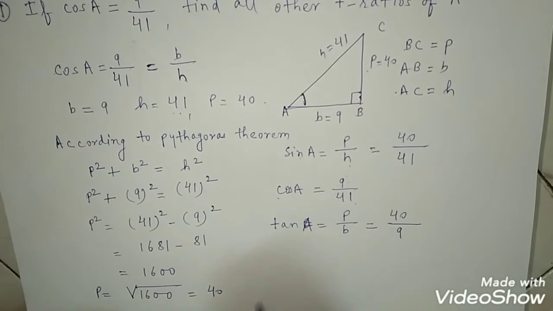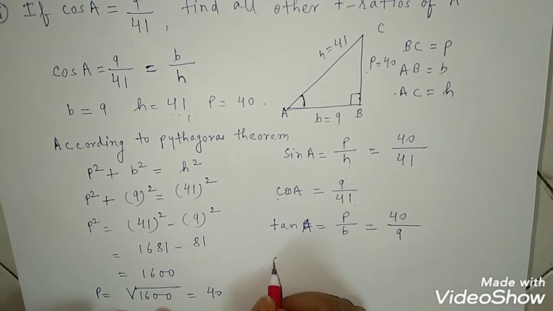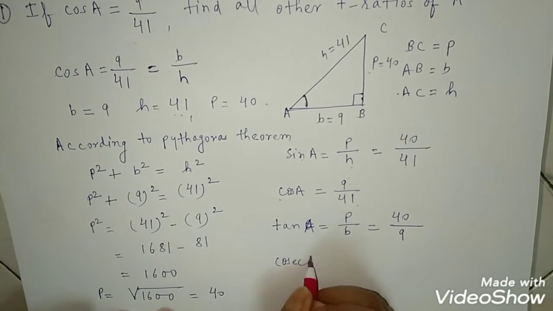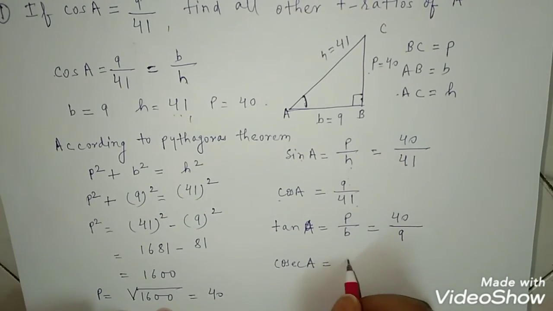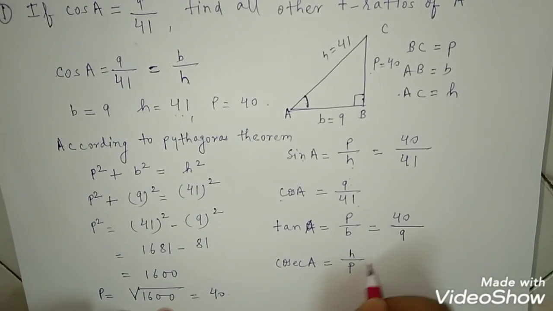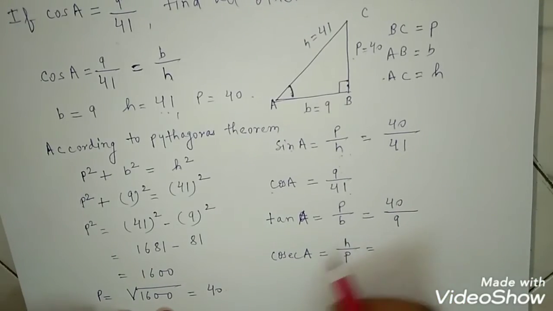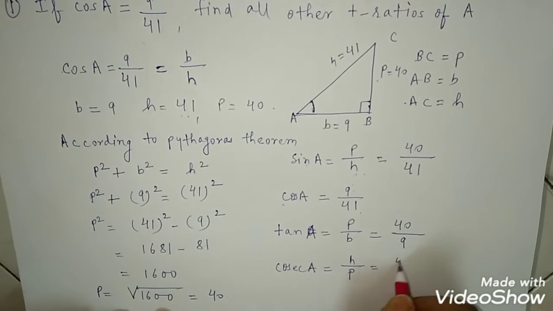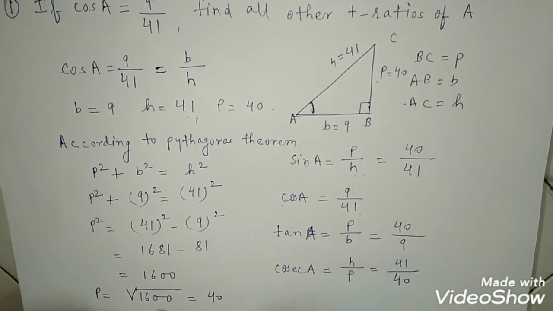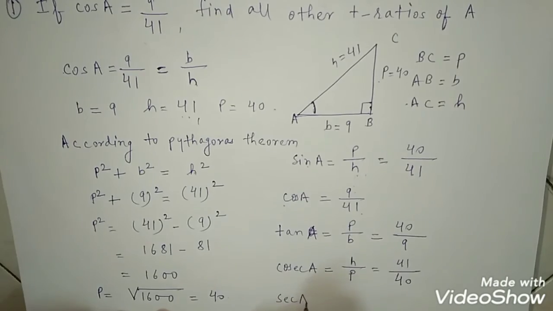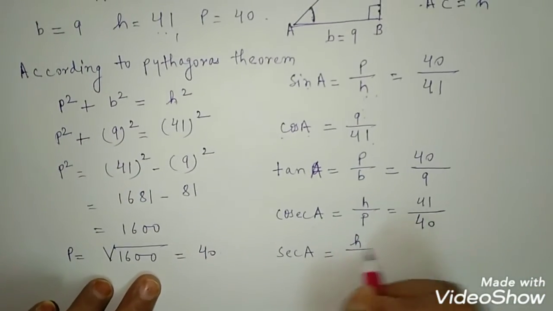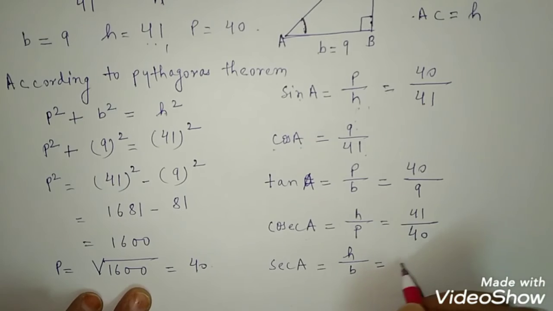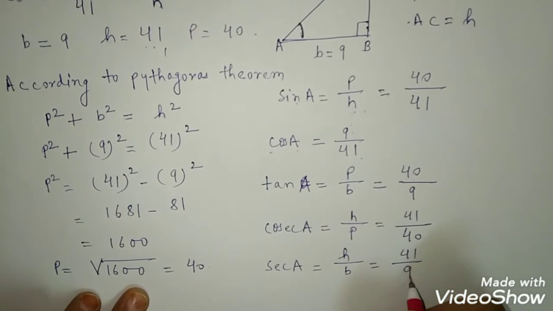Now the other three are complete reciprocals. Cosec A is equal to the reciprocal of sine. Sine is P by H, so cosec is H by P, 41 by 40. Sec A, reciprocal of cos, H by B, 41 by 9.